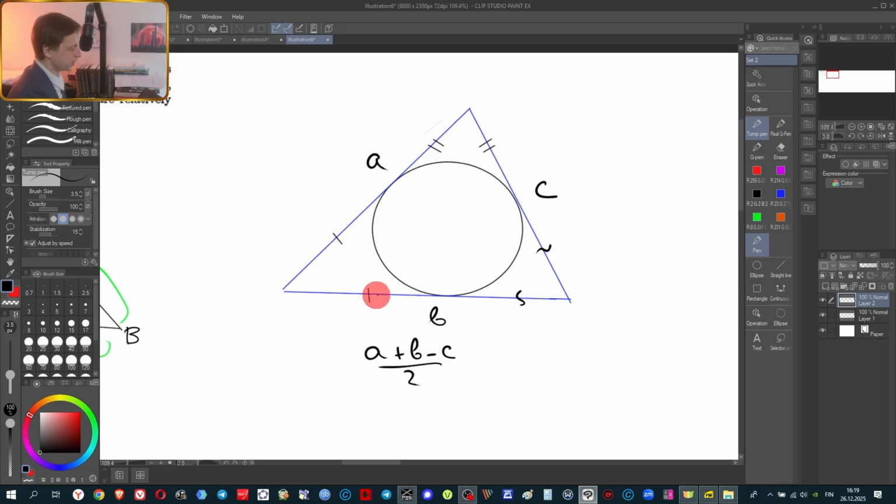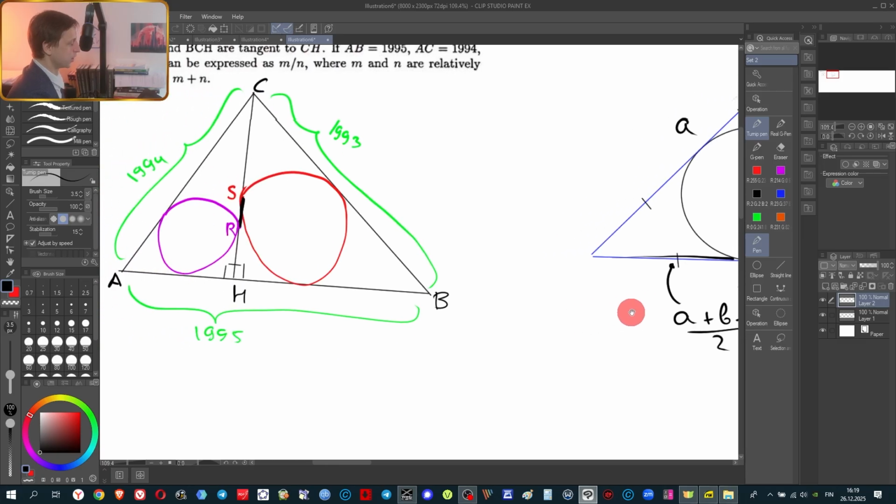So what will be left is only these 2 segments. Really, you had a sum of 4 segments. 2 of these are taken away, and the only thing that is left here is these 2 segments. And if you divide it by 2, you will get exactly 1 segment, so this one is the length of this segment. Similarly, for example, this one is B plus C minus A over 2.